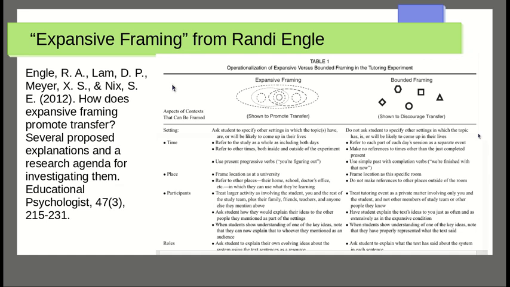And for those who are listening, the expansive framing graphic looks like 3 contexts represented by circles, and then there are some circles around the circles that sort of join the different contexts.